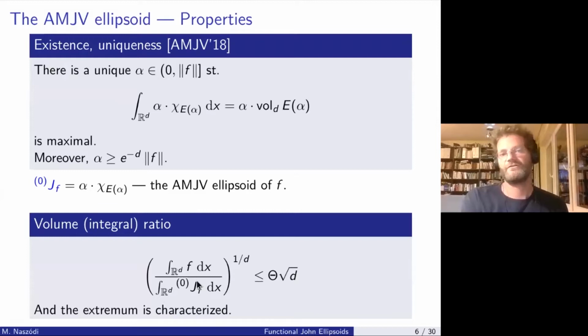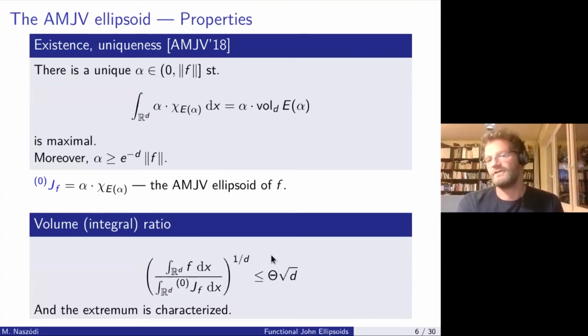So you compare the integral of the big function with the integral of this ellipsoid, which is just this weighted volume right here, and they gave a bound on the ratio.